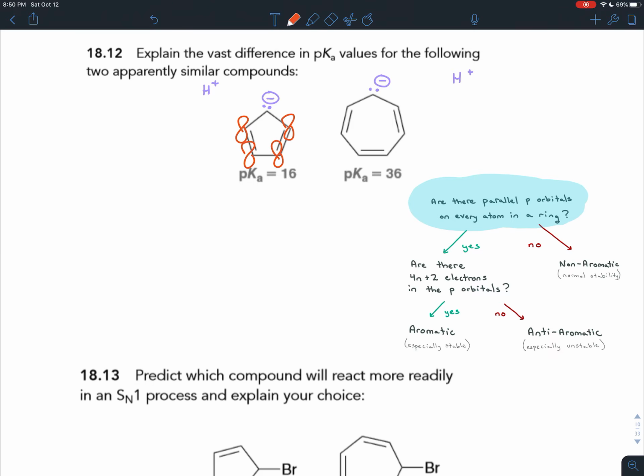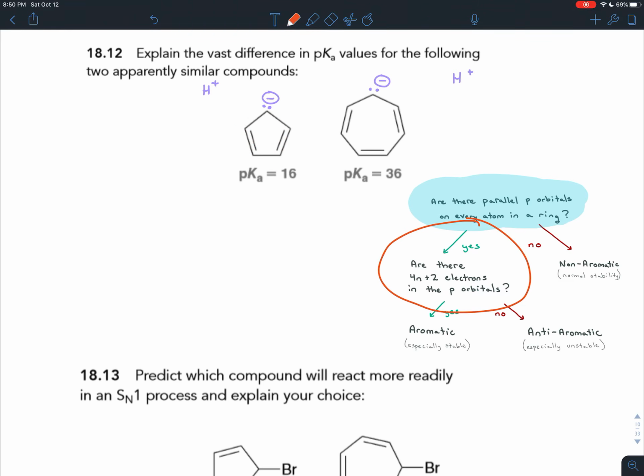We also mentioned in the previous video that positive charges and lone pairs can exist in p orbitals. So this lone pair here could be flying around as a p orbital shaped wave. And in that case, notice all of the atoms here have parallel p orbitals all the way around the ring, and you satisfy that first question: yes. So we go on to the second question.